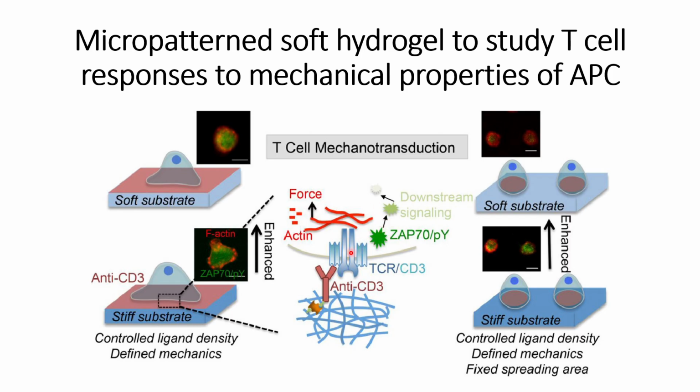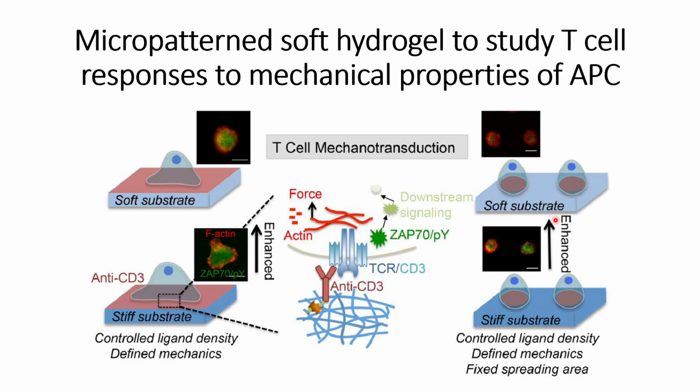In comparison to the stiff substrate, when they moved to the soft substrate, they found that there is not much change in the ZAP70 that is already phosphorylated.